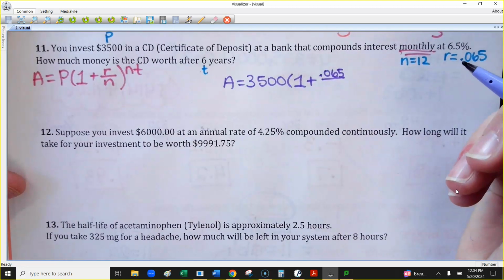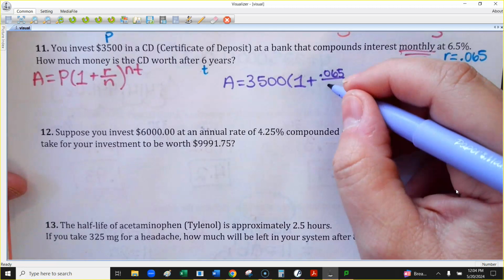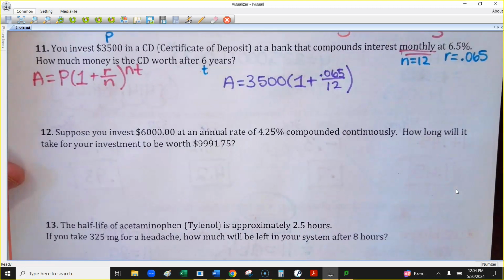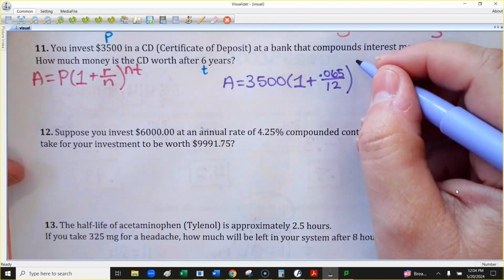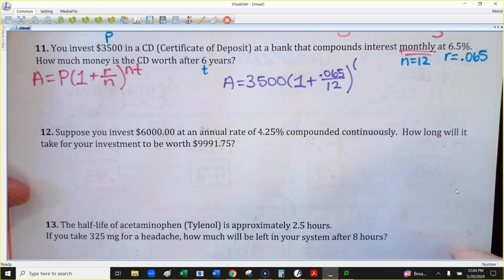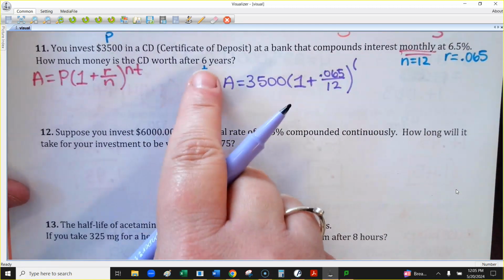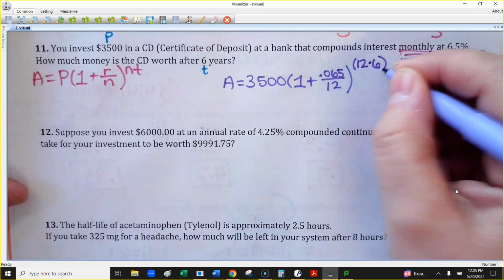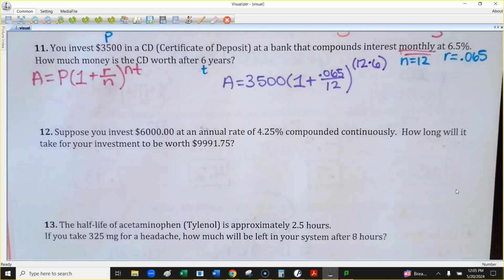And then if we compound the interest monthly, the N is going to be 12. Now, the only thing I would tell you to do here, I'm just going to put parentheses on mine. The exponent is the number of times compounded multiplied by how long you're going to leave this in the bank. So this is 6 years. So monthly would be 12 and I'd multiply that. T is going to be 6 years, so I'm plugging in 6 for T.